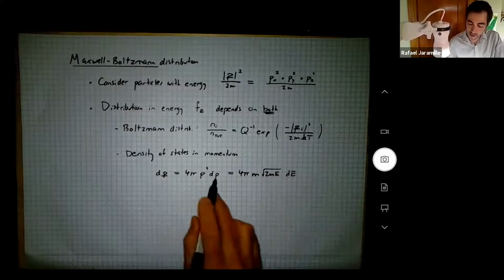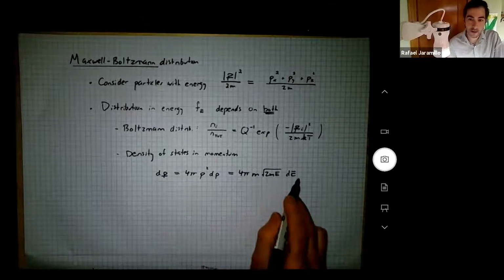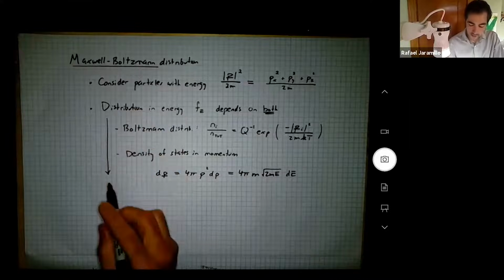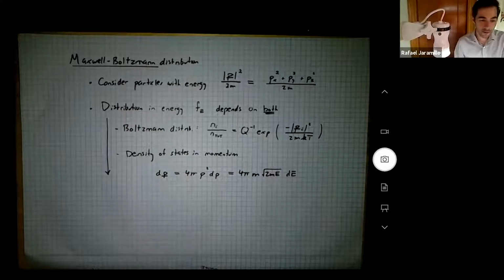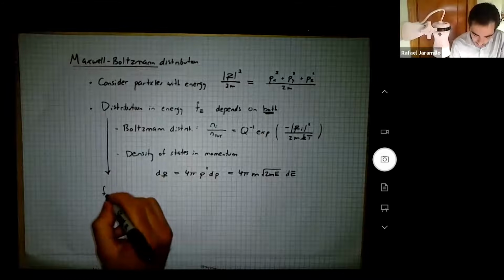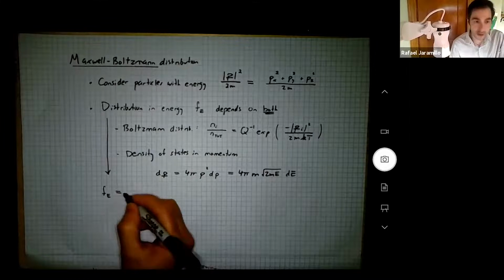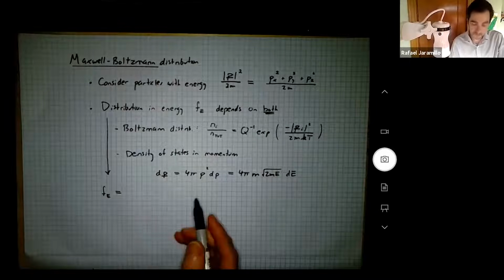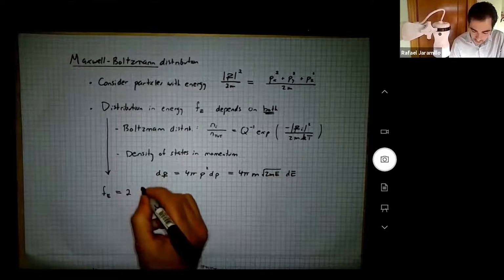So this is the distribution of states in energy E. And you combine these two things, the density of states and the Boltzmann distribution, and you get the Maxwell-Boltzmann distribution of energetic particles zipping around, only kinetic energy included, as a function of energy.